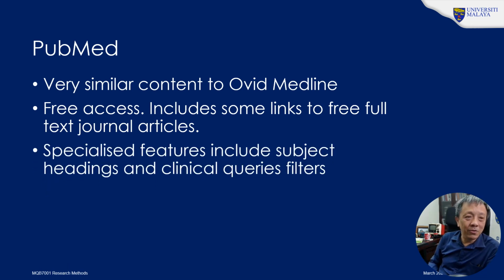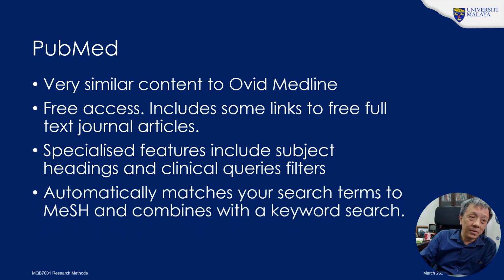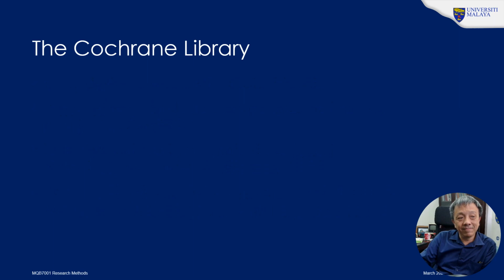Specialized features include subject headings and clinical query filters, which are focused on medical issues depending on your clinical focus, like cardiology. You can automatically merge search terms or MeSH and combine them with keyword search.